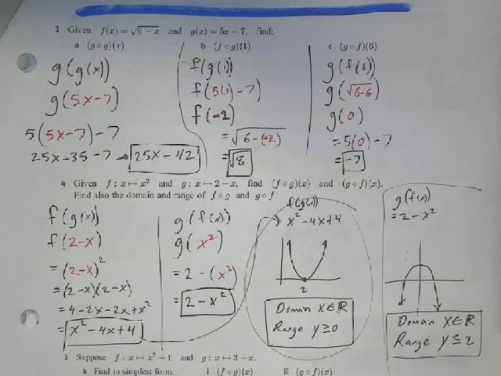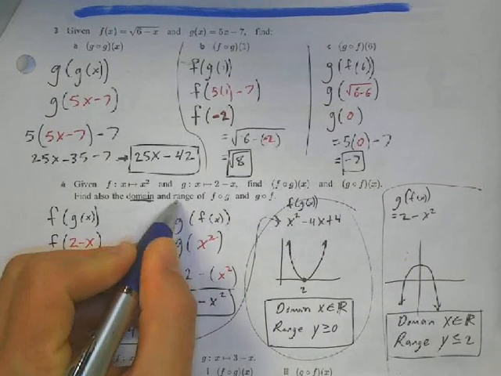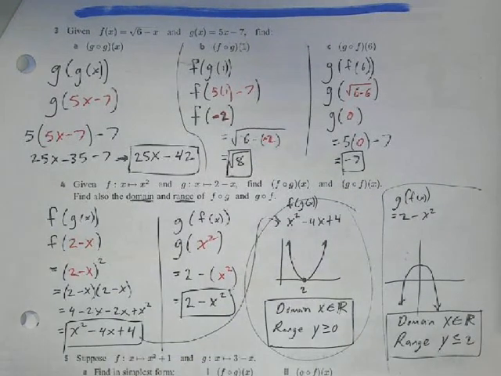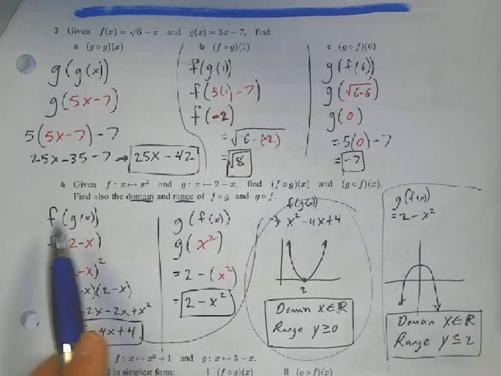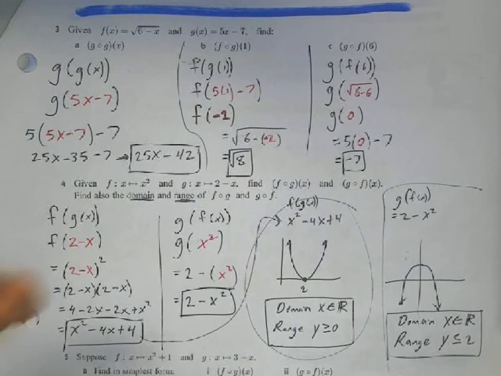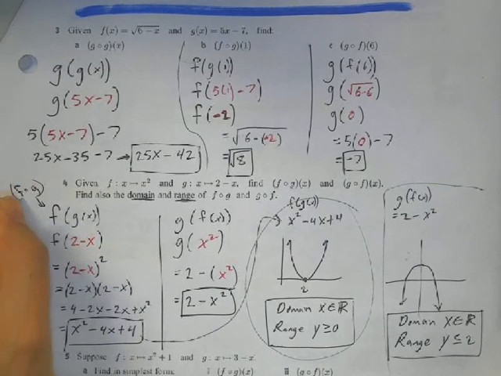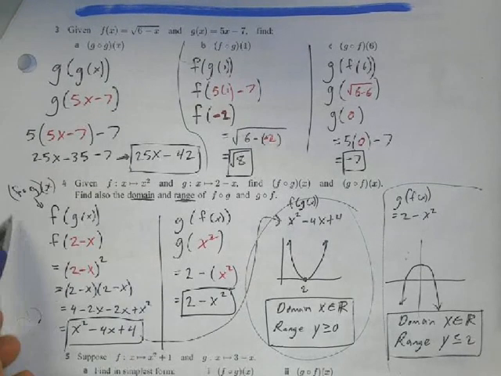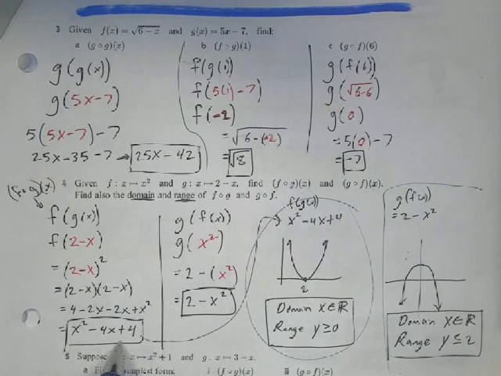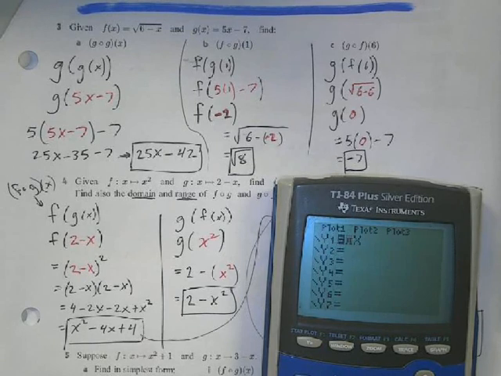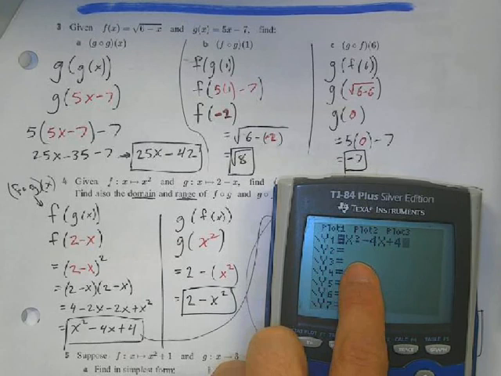On question 4, I'm going to talk a little bit about that. So in order to find domain and range, what I did was I graphed my final function. So here, this is f of g of x right here, and I get x squared minus 4x plus 4. Now I can go on the calculator and do x squared minus 4x plus 4, and then I can graph that.